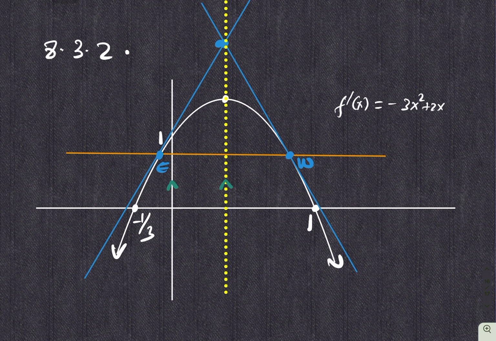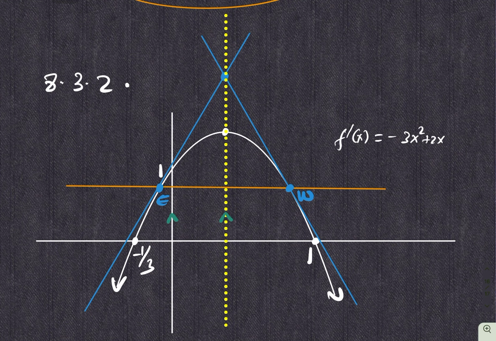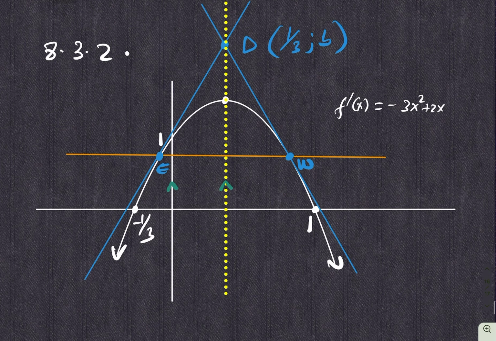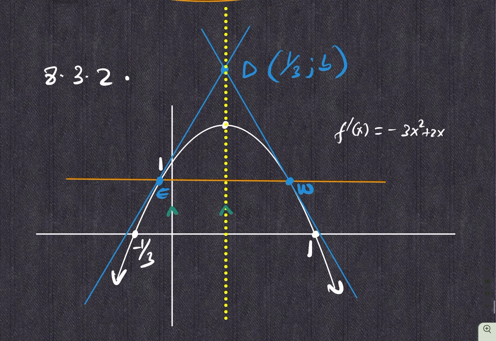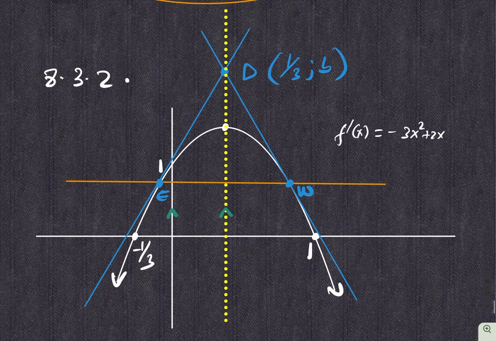Now I know that the point D is 1/3 and B. So I'm looking for the value of B for which this will no longer be a tangent.